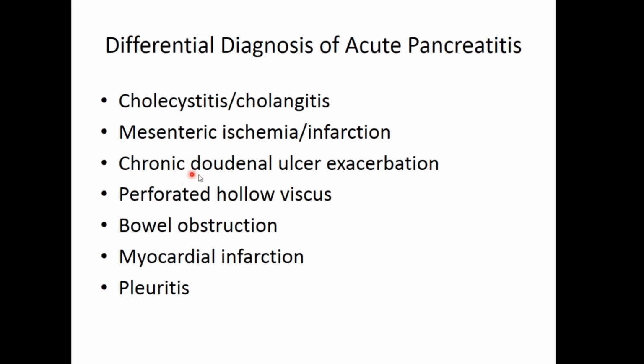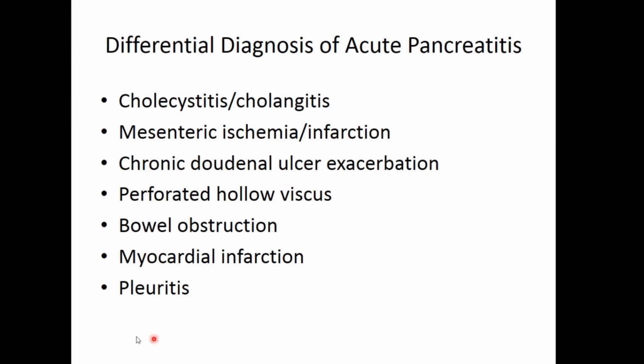I have already told about the chronic duodenal ulcer, especially the chronic duodenal ulcer which is located posteriorly, that can mimic. And of course, when it perforates, or any other sort of perforation you have, you can have the condition mimicking acute pancreatitis. Sometimes bowel obstruction also can mimic pancreatitis.